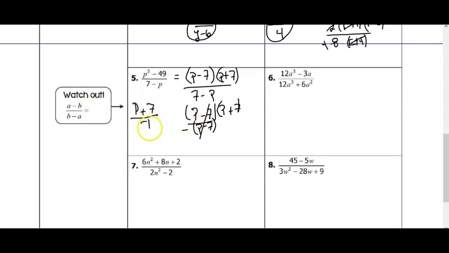I'm going to show it as negative 1. That means that this whole thing is negative now. So I'm going to have a negative, and then parentheses, p plus 7. And I can simplify that further by multiplying through by my negative. So it's not quite my final answer; it's going to be negative p minus 7. And that will be the final answer.